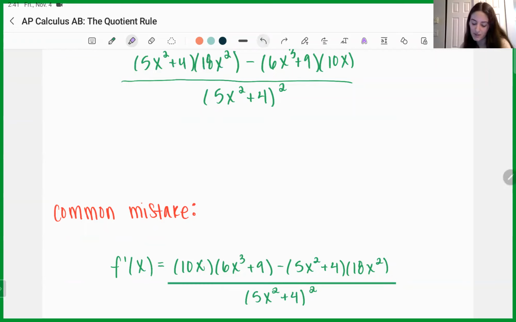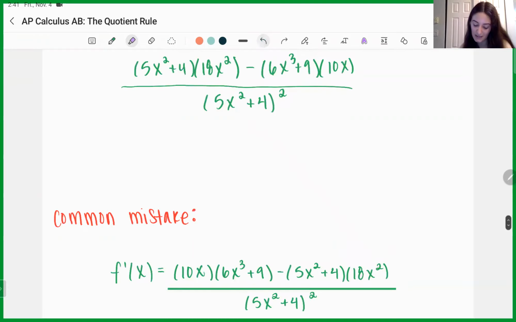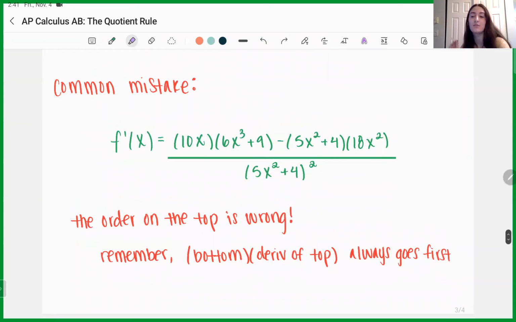Then we have the other term, but on the bottom, they put the 5x squared plus 4, 18x squared second, and then they put this term over here. So they flipped the order of those two terms. That is not correct. The order matters on the top. Please don't swap the order. That changes the expression. They are not the same.